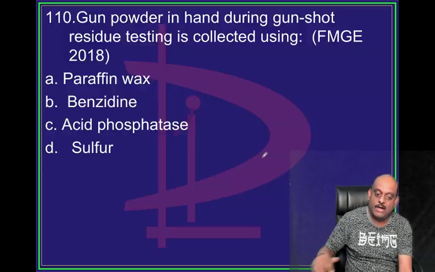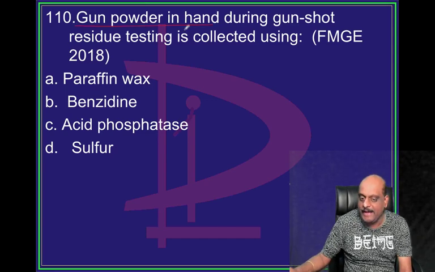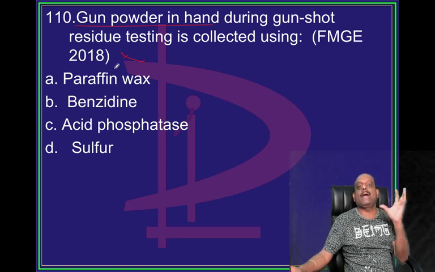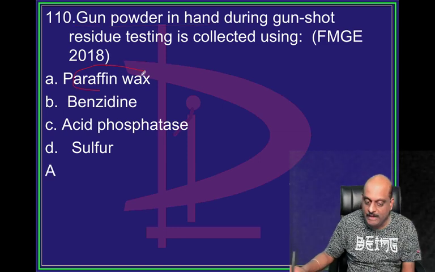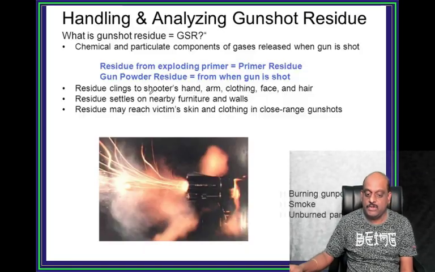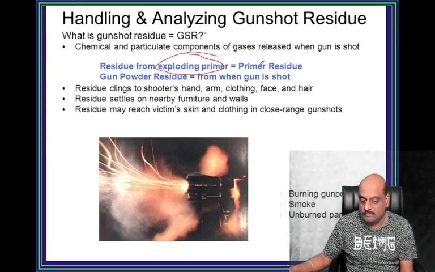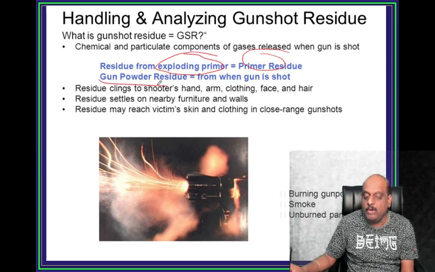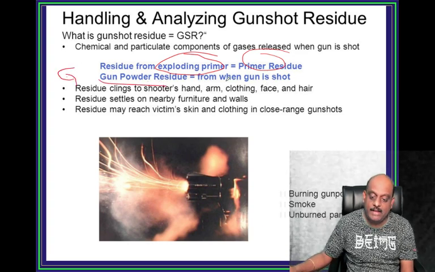Now, gunpowder on the hand during gunshot residue testing. How do you collect it, doc? We collect it with paraffin wax, is what you need to remember. Residue from the exploding primer is called primer residue. Gunpowder residue, GPR, is when a gun is shot.